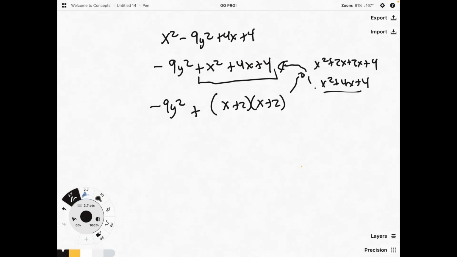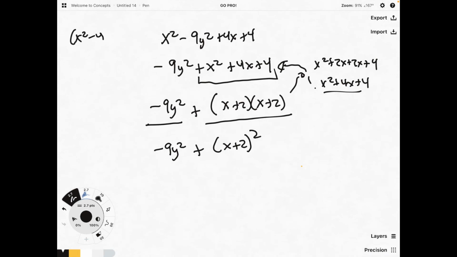Now what we can do is we see that this and this are both squares. And so if that's the case, maybe we can use the difference of squares. So we have a negative 9y squared plus x plus 2, which is squared. And now what we need to do is it's the difference of squares, as we know. So it's x squared minus y squared. So we just need to rewrite the equation as x plus 2 squared minus 9y squared.